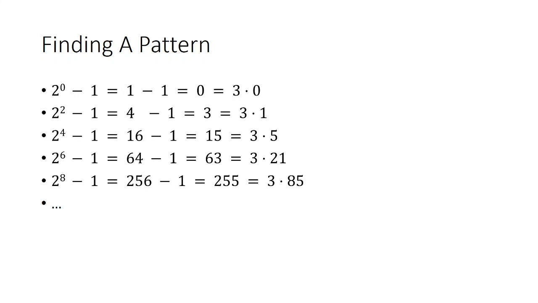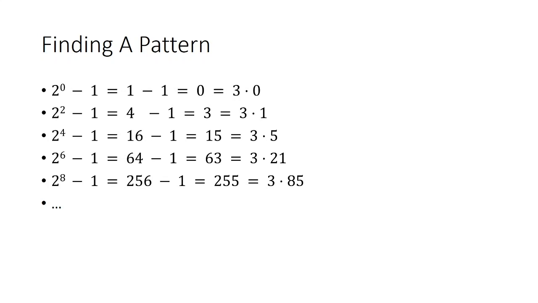Next step, we want to add 2 to the 2, minus 1. The first term will be 4 minus 1, it will be 3, and on the right side 3 multiplied by 1 is 3. That's true.